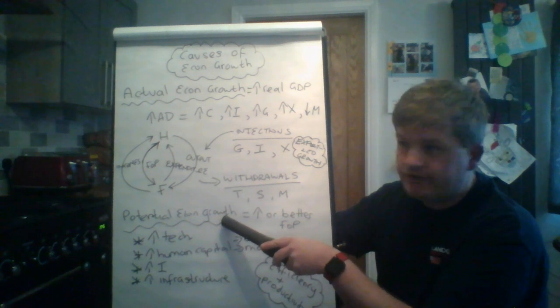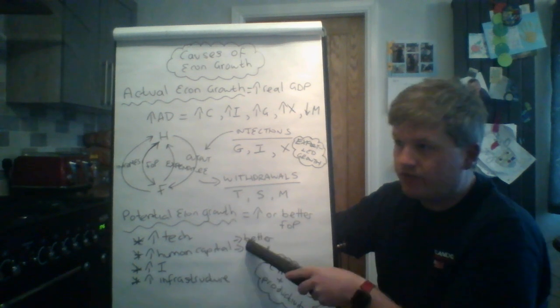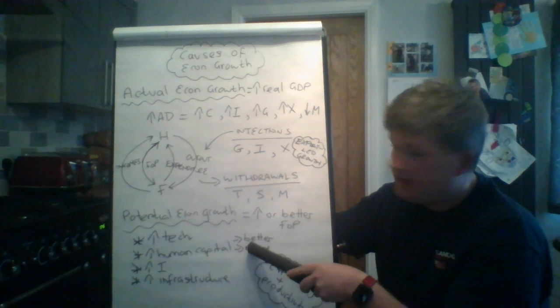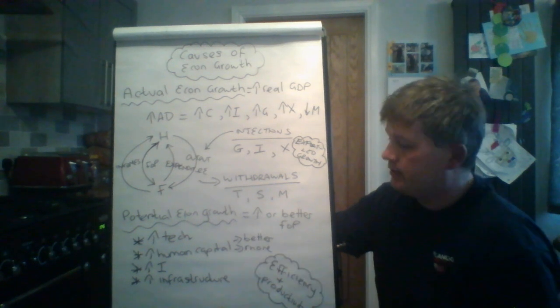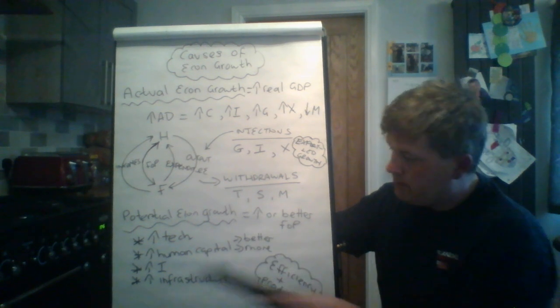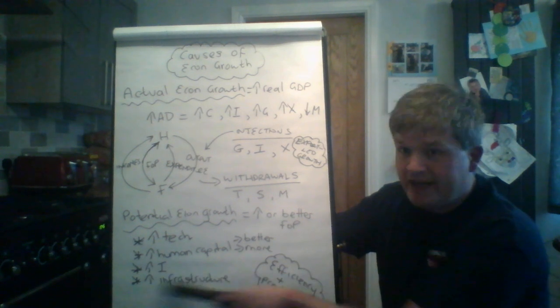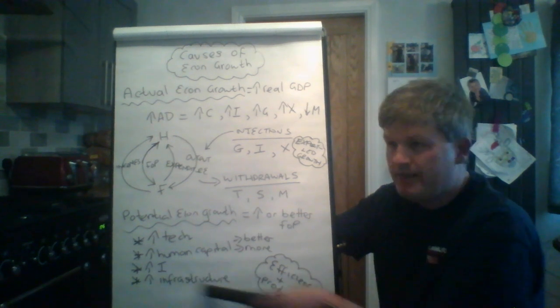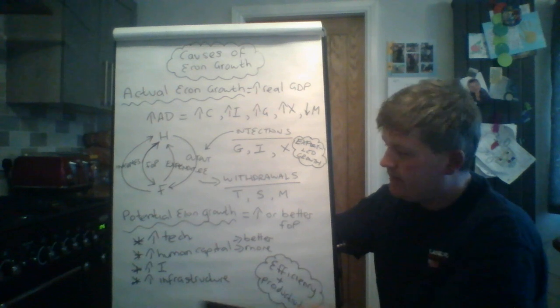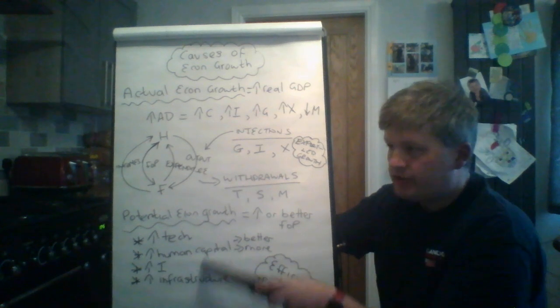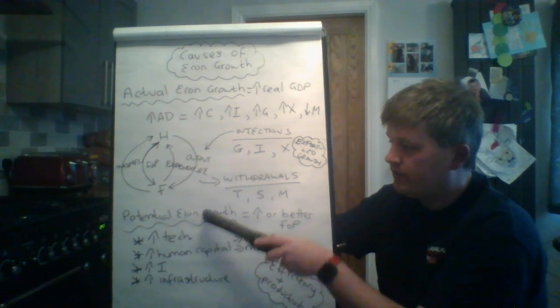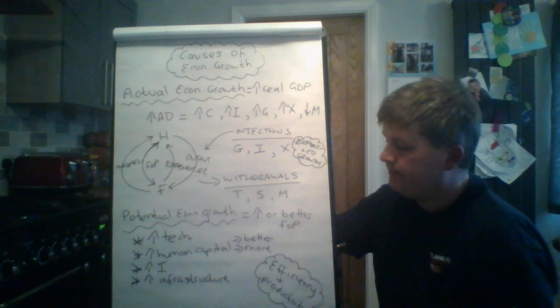Raising standards in education or giving people more skills or more qualifications should boost the productivity of workers. More investment by firms: if firms start to invest in more infrastructure, building bigger and more factories, again that would boost their potential and therefore allow the economy to experience potential economic growth.